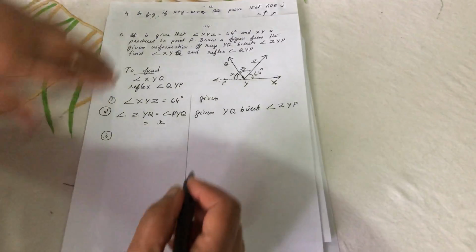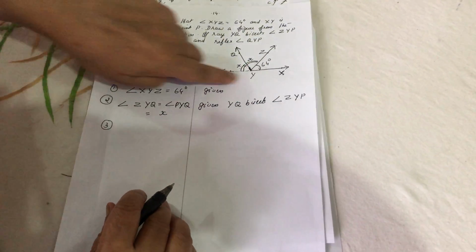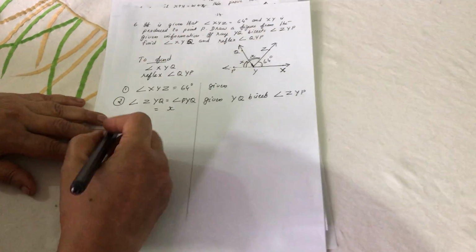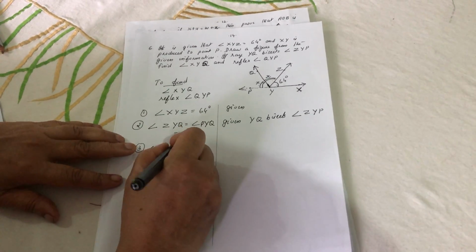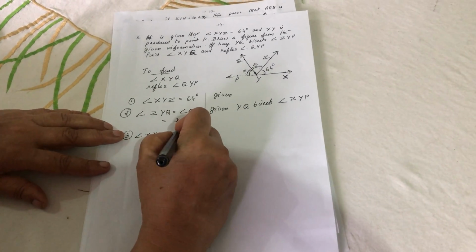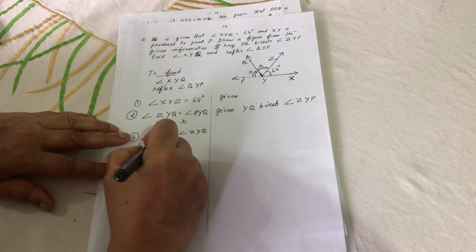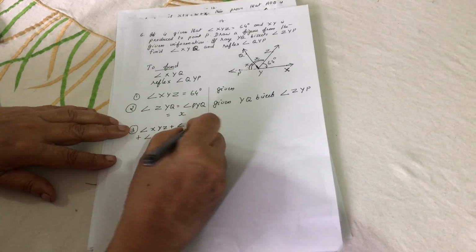Then the third one, you know that these three angles form a straight line. So therefore I am writing sum of these angles: angle XYZ plus angle ZYQ plus angle PYQ equal to 180 degrees.